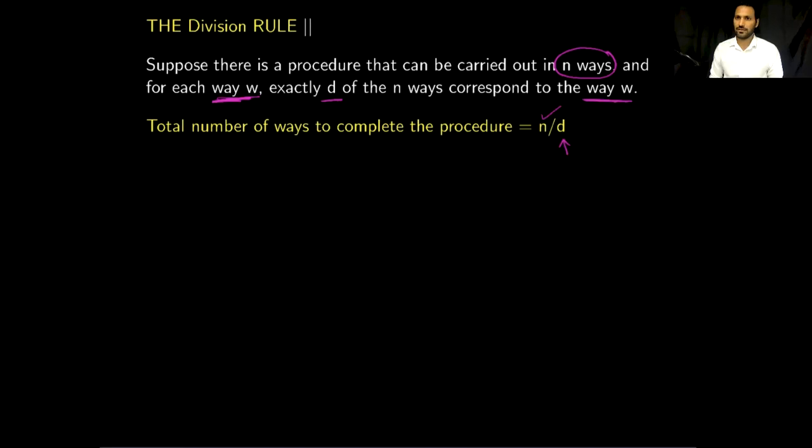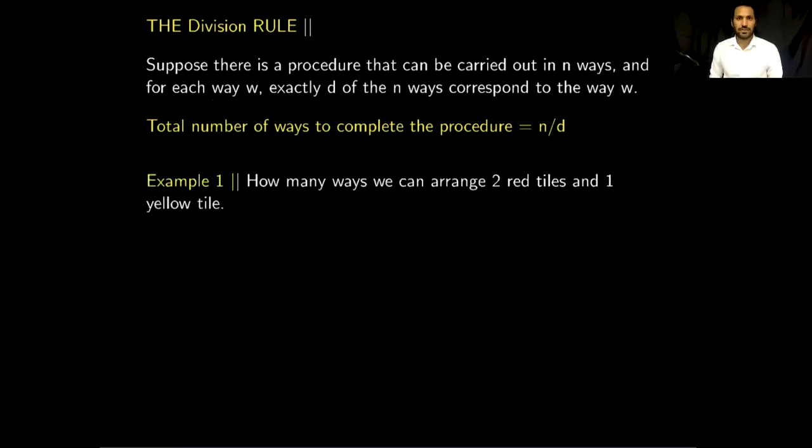Now let's take a few examples and try to have a better understanding of the division rule. Our first example is: how many ways can we arrange two red tiles and one yellow tile?